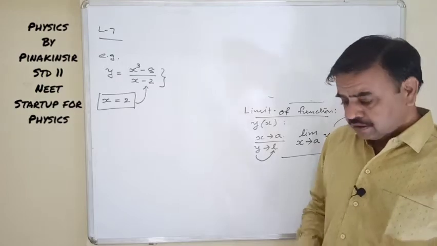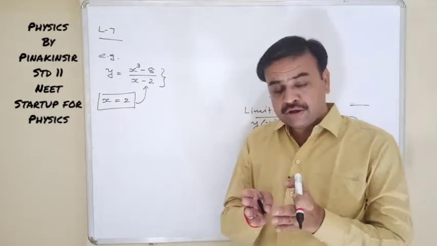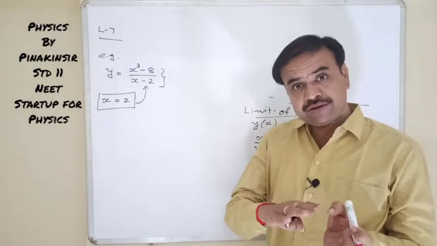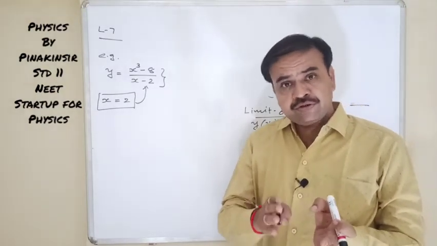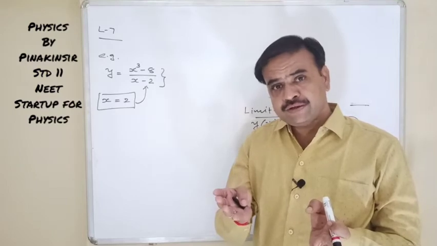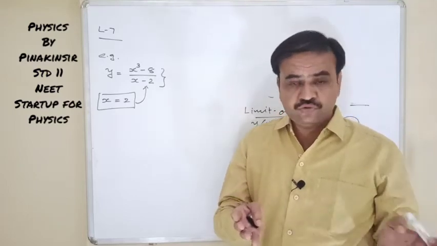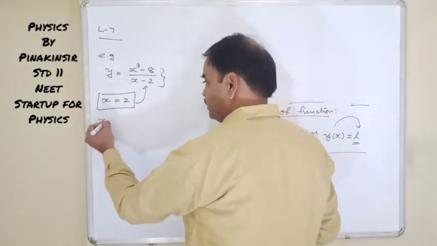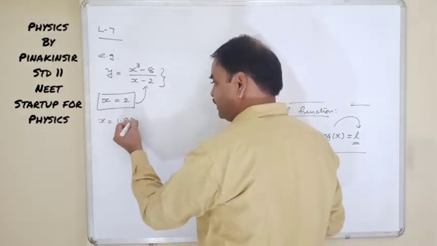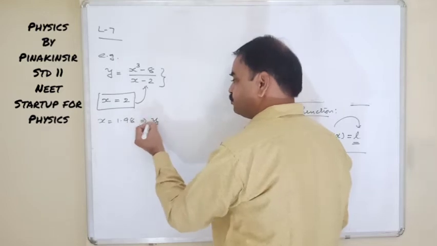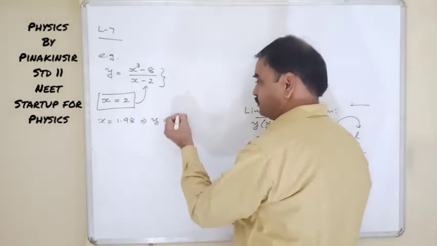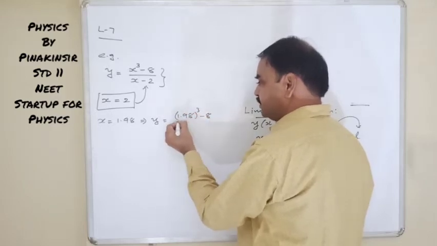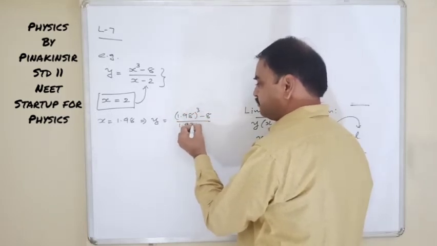We will take small differences around x is equal to 2, which means values of x slightly greater than 2 and slightly less than 2. And what happens, let us check. For x is equal to say 1.98, your y will be equal to what? 1.98 cube minus 8 divided by 1.98 minus 2.